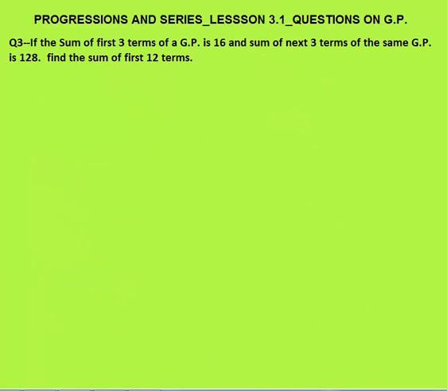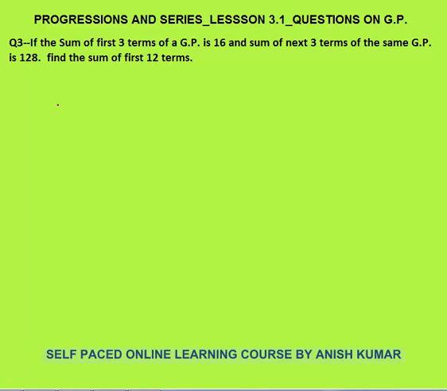Next is, if the sum of the first three terms of a GP is 16 and the sum of the next three terms of the same GP is 128, find the sum of the first 12 terms. Now the sum of the first three terms, a plus ar plus ar square, is given to us as 16. If you take a common, you will get a into 1 plus r plus r square equals 16.